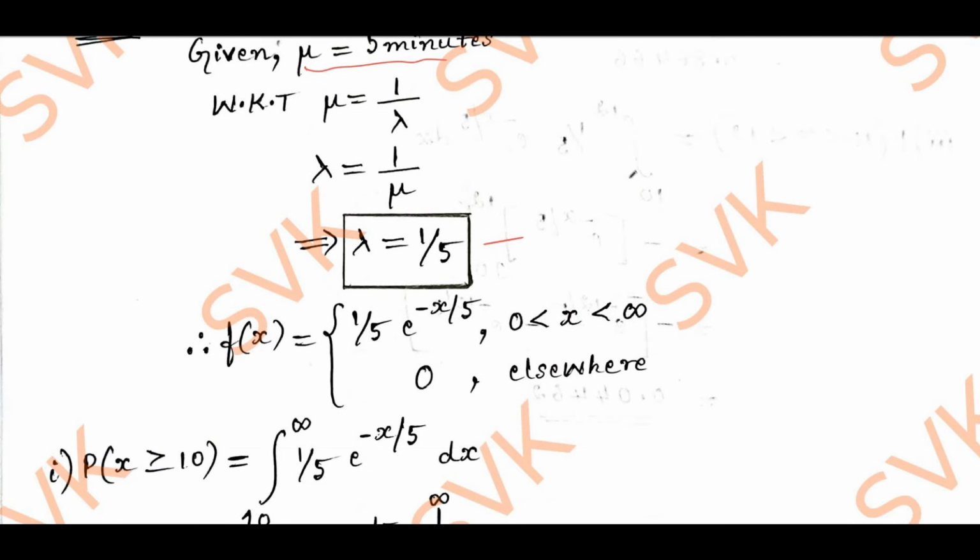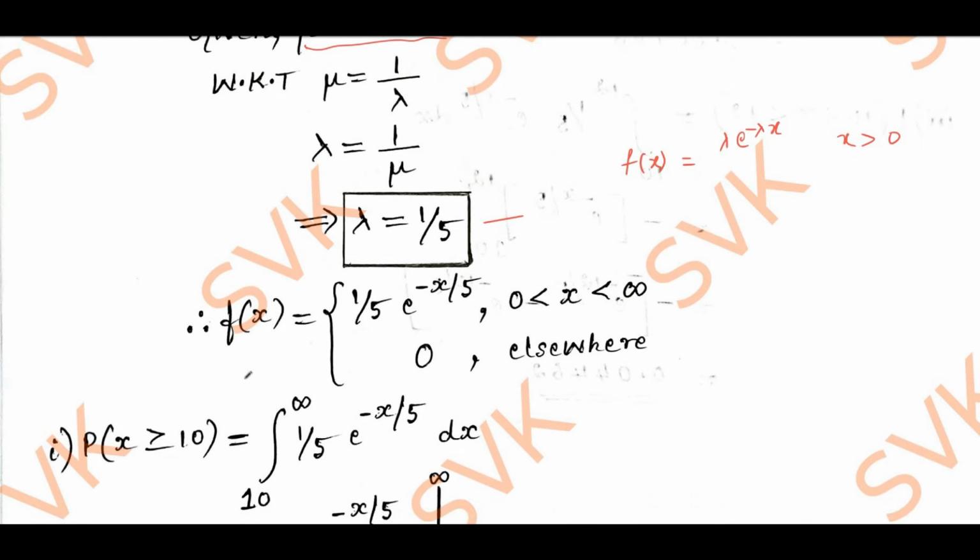We know that the function f of x for the exponential distribution is defined as lambda times e power minus lambda x for x positive. So I have substituted lambda as 1 by 5: f of x is 1 by 5 times e power minus x by 5, as x ranges from 0 to infinity, and elsewhere it is 0.